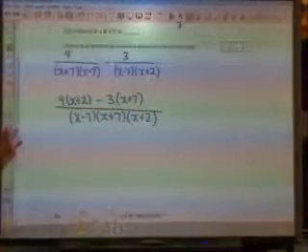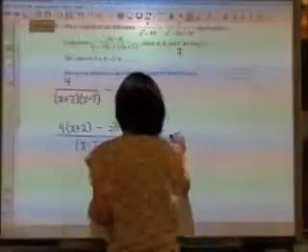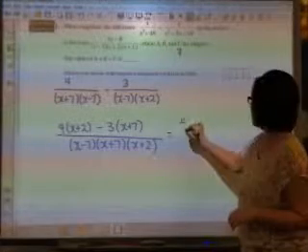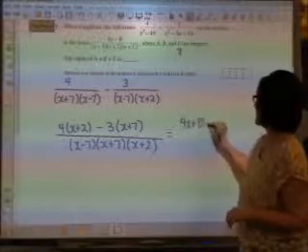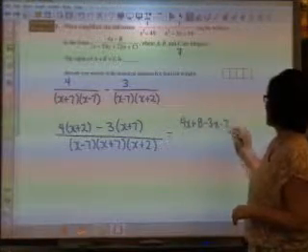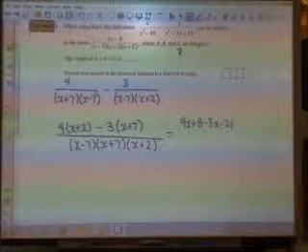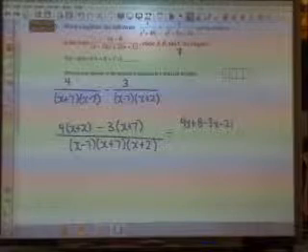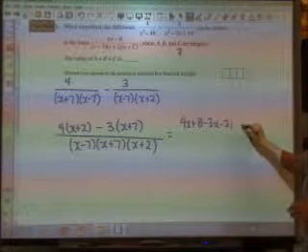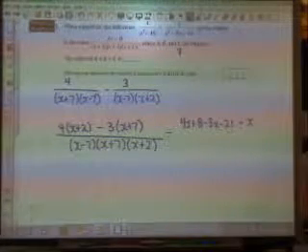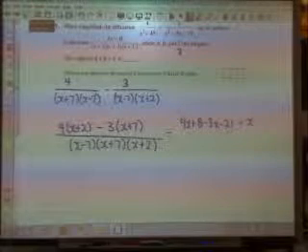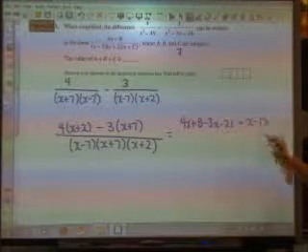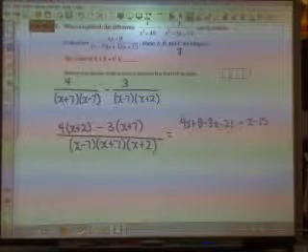Okay, so when I multiply that, I get 4x plus 8 minus 3x minus 21. So 4x minus 3x is x. And 8 minus 21? 13.